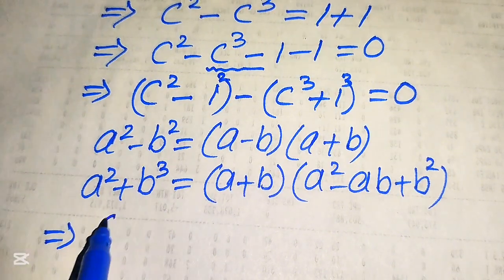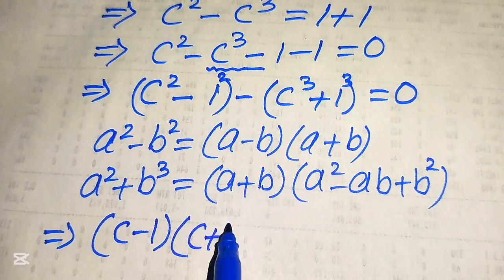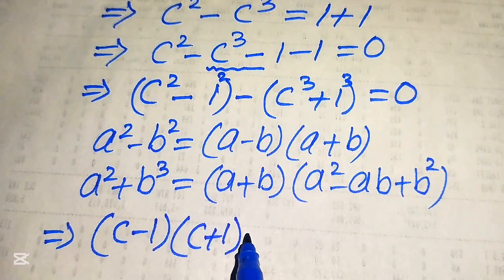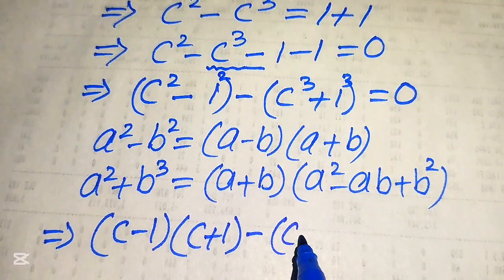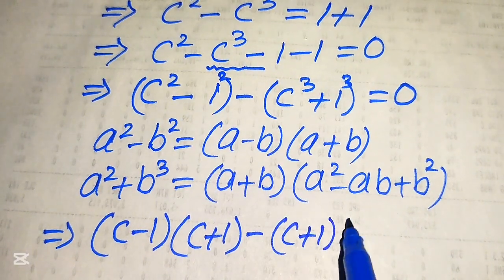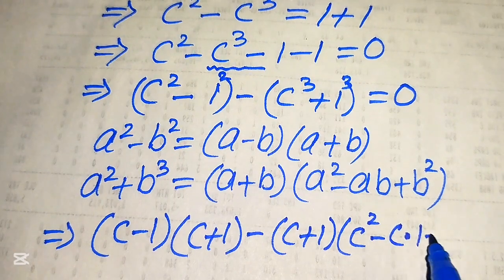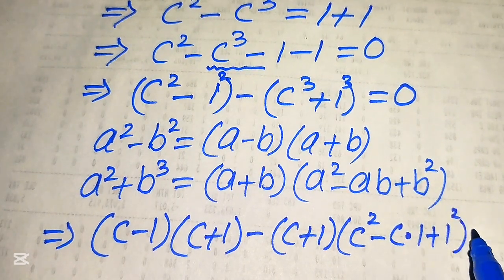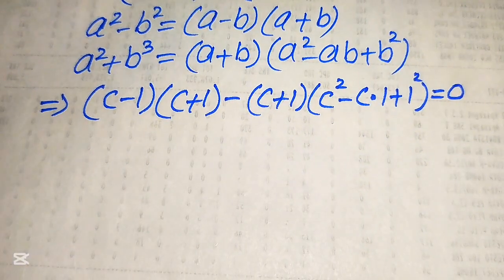So here first we can apply the square identity in this factor. So this will be written as c minus 1 times of c plus 1, and this is negative times of a plus b. Again in this case we have a is c and b is 1 into a square. So a is c square minus c into 1 plus 1 square, and this whole equation is equal to 0.